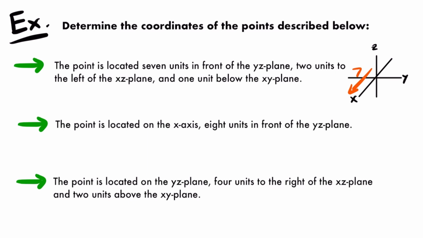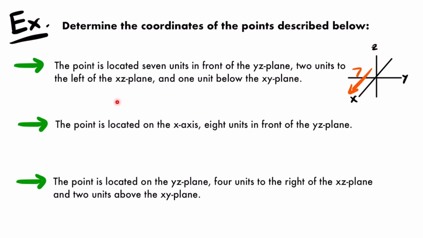Then the next thing that we're told is that the point is 2 units to the left of the xz plane. So now what is the xz plane? Well, the xz plane is the plane formed by the x and z axis. And so for 2 units to the left of that plane, that is describing the y direction, right? The y-axis is perpendicular to both the z and x-axis.